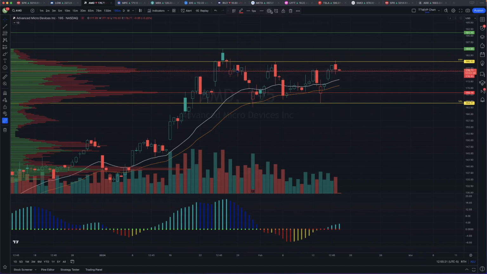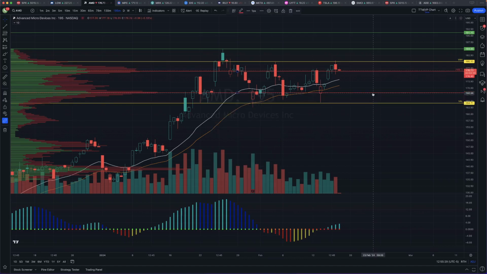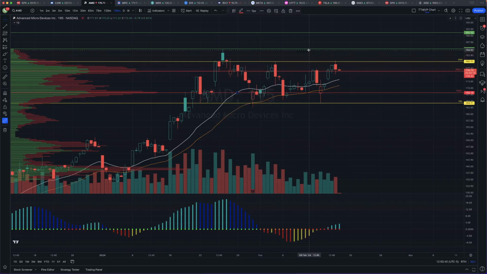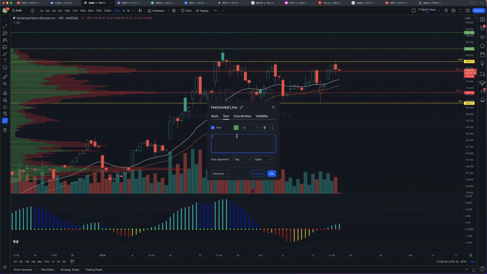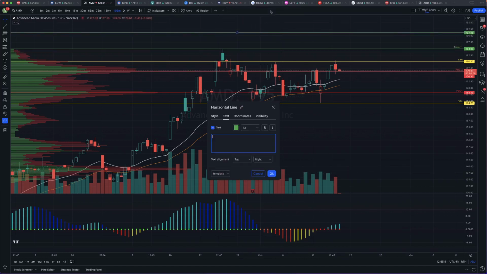This is going to be POC2. I'm going to make it red. POC2. This is red POC1. And that green one is going to be target 1. And this green one is going to be target 2.